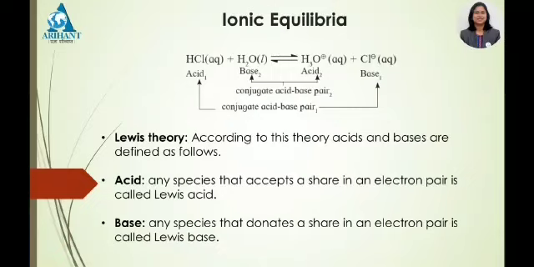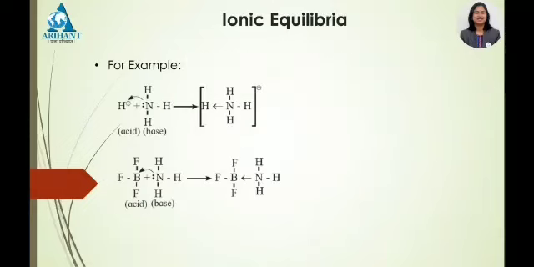Third, Lewis theory. According to this theory, now let us study what is acid and what is base. Acid, any species that accepts a share in an electron pair is called Lewis acid. And base, any species that donates a share in an electron pair is called Lewis base.